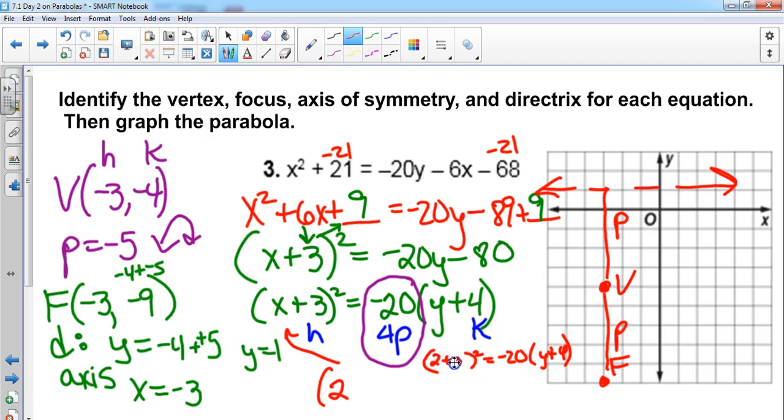Okay, 2 plus 3 is 5, squared is 25, divided by negative 20, and then subtract 4. I'm thinking it's like negative 5 point something. 2.5 maybe? Anybody testing me? So at 2, it's down at 1, 2, 3, 4, 5.25.